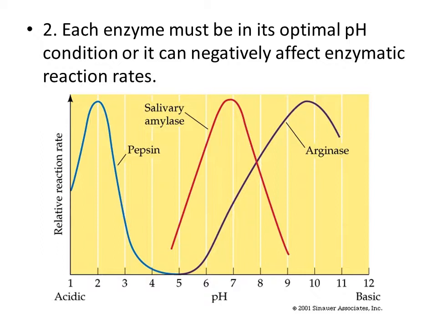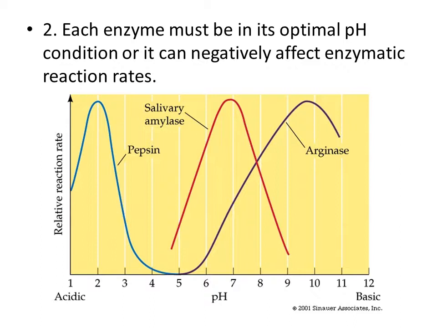Each enzyme must be in its optimal pH condition also. pH can negatively affect enzymatic reactions. Based on this image, we have three enzymes: pepsin, amylase, and arginase.